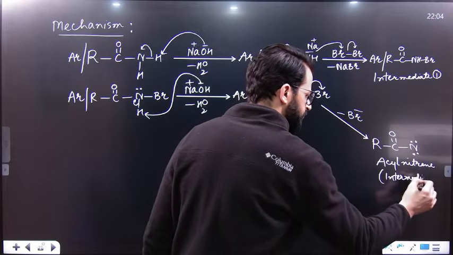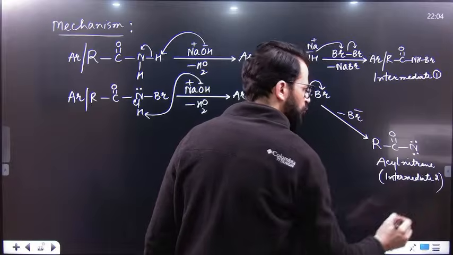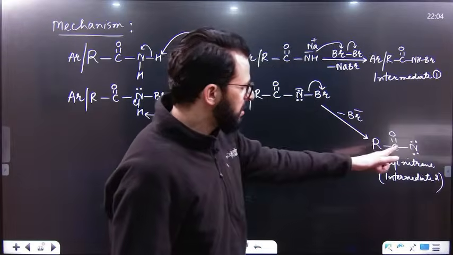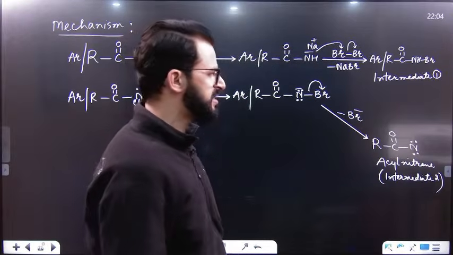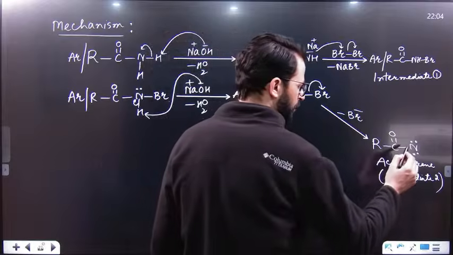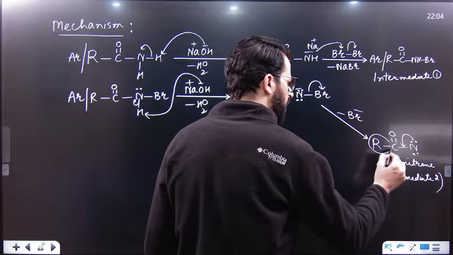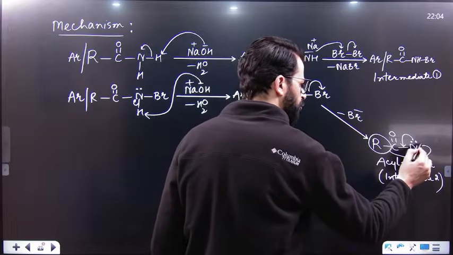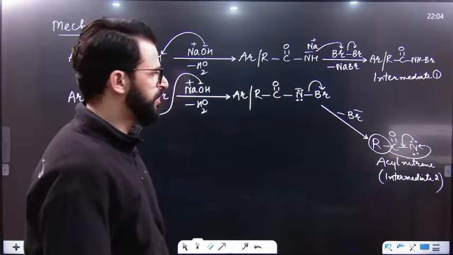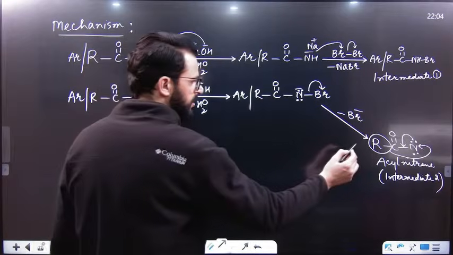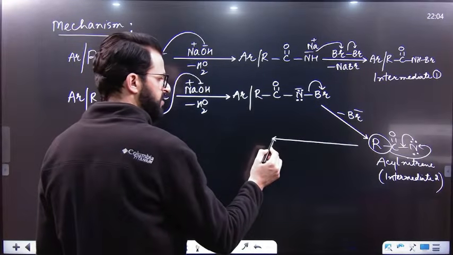This is intermediate 2. But this acyl nitrene is not that stable. That's why it forms a double bond over here, and this R will simply migrate to nitrogen. That means a shift takes place over here. Have a look.